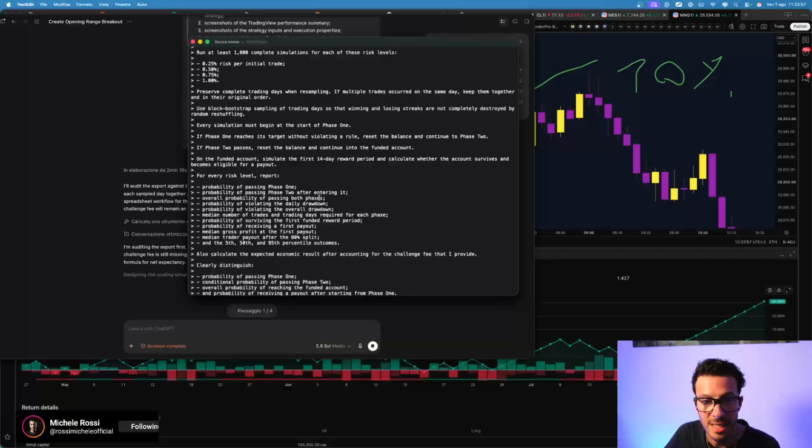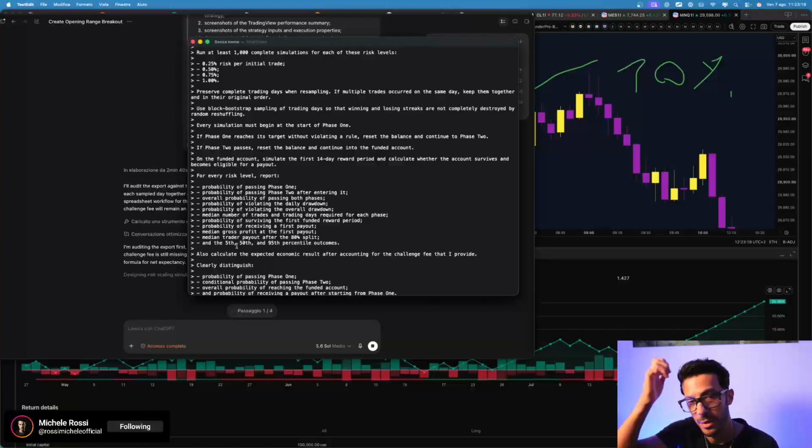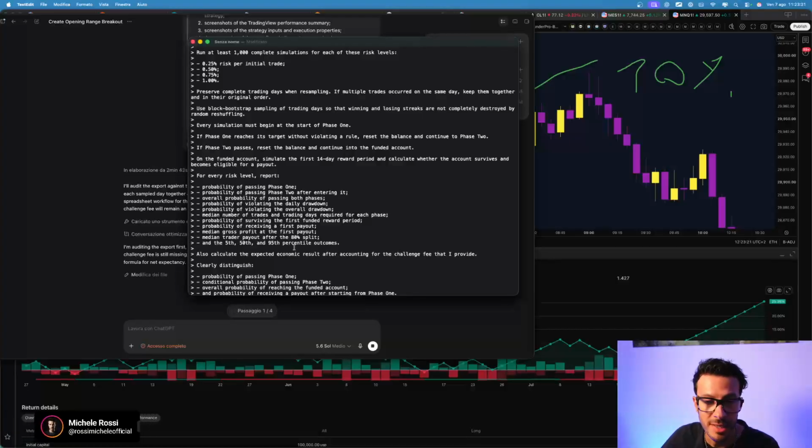passing both phases, violating the daily drawdown, violating the overall drawdown, median number of trading days required for each phase, surviving the first funded reward period, receiving first payout, median gross profit at the first payout, median trader payout after the 80% split, and the 50th and 95th percentile outcomes.